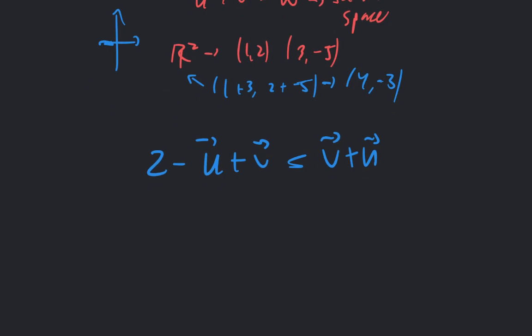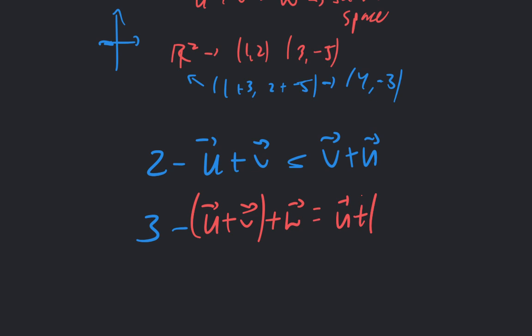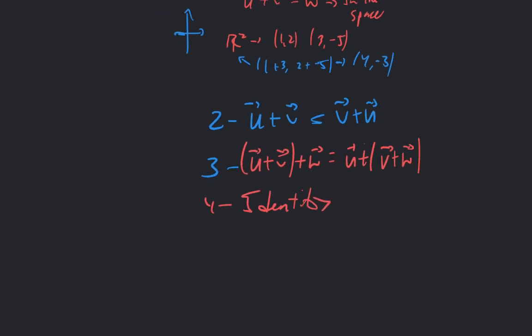There's the associativity, u plus v plus w is equal to u plus v plus w. Identity, meaning that there is a zero vector.